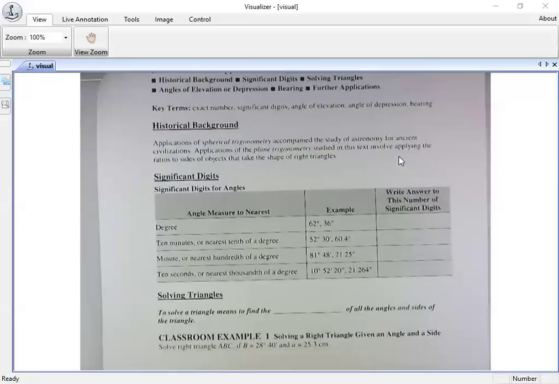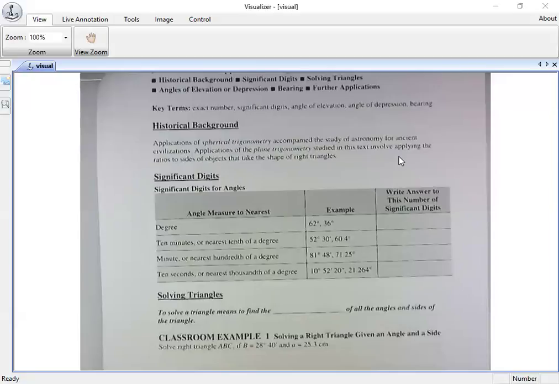The idea is if you understand significant digits, it ought to give you a guideline on how you would round your answer so that everything is pretty consistent. All right, so just to give you an example, if we were looking for the height of a building in feet, and we were using a right triangle, so we're using trig, and maybe the surveyor getting an angle to the top of the building is standing 57.2 feet from the building, okay?